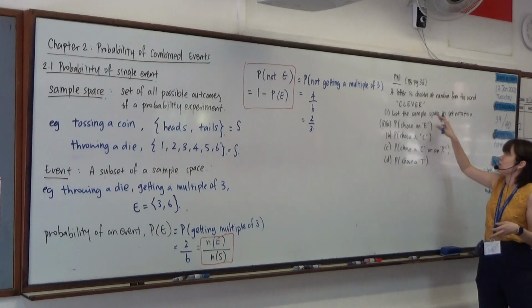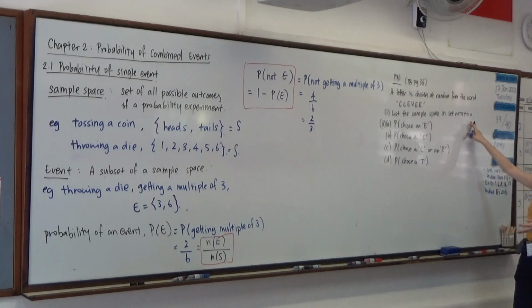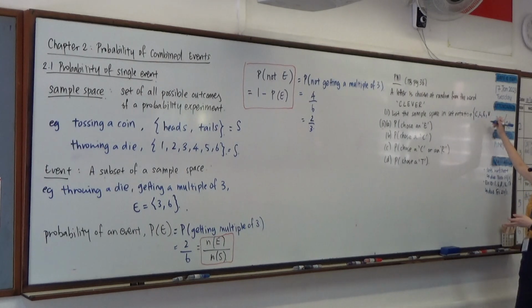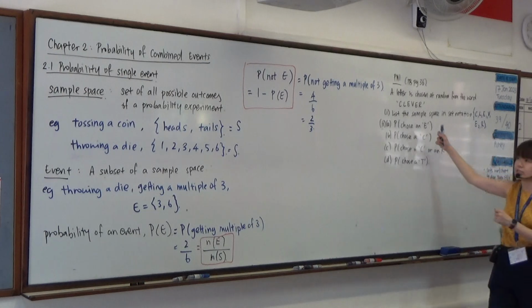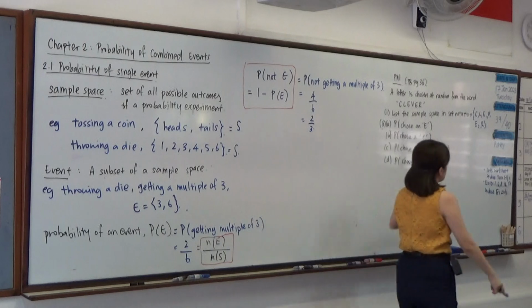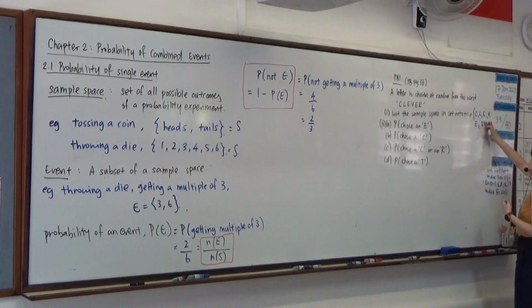Therefore, when describing our sample space in set notation, we would write it as C, L, E, V, E, R, but I cannot write it like that because I need to distinguish the E's, so I write it as E1 and E2. Keeping consistent with the definition that the sample space is a set, that's why we use set notation.